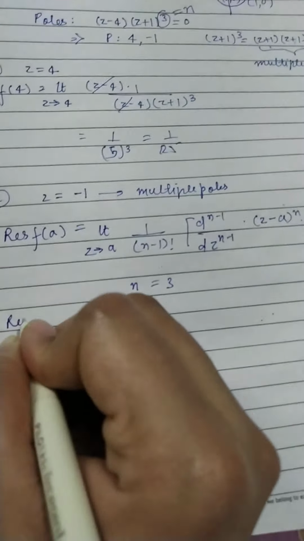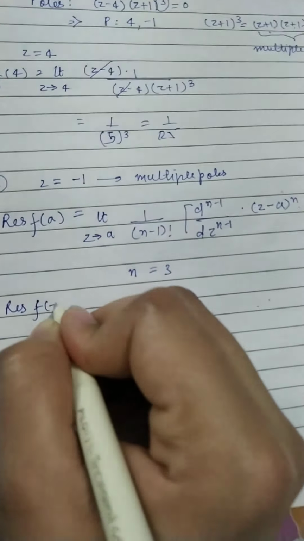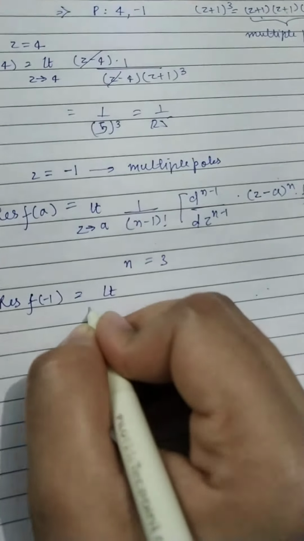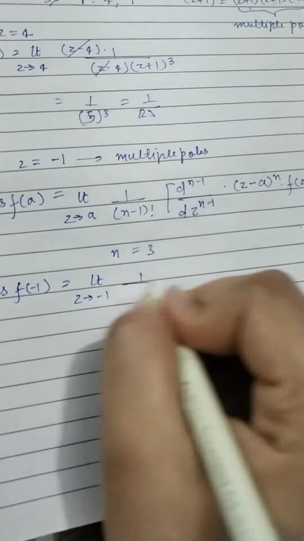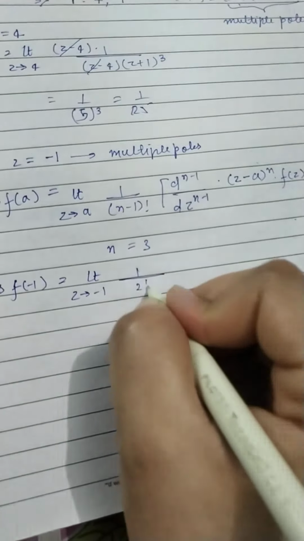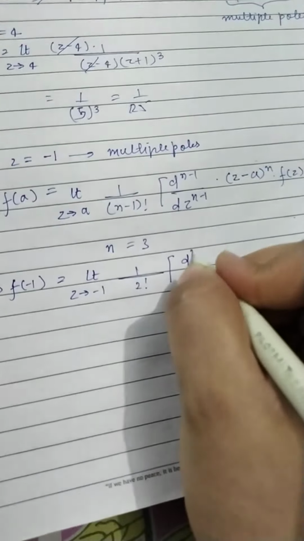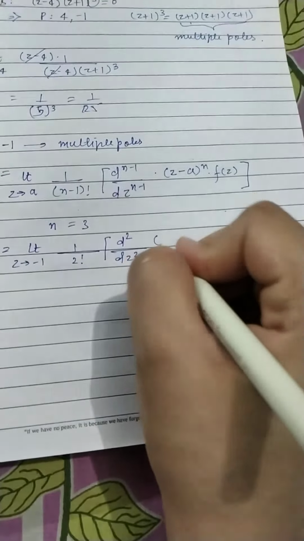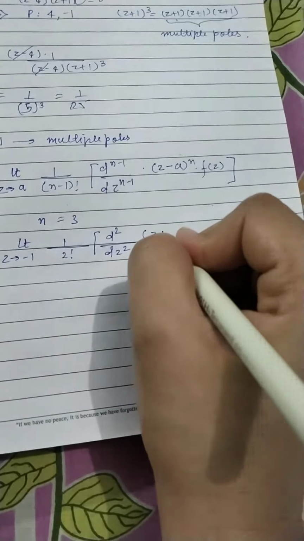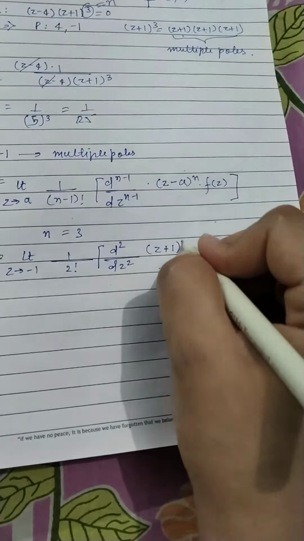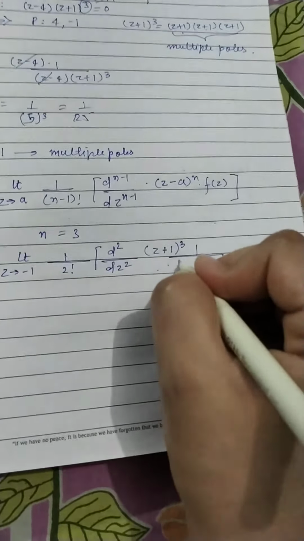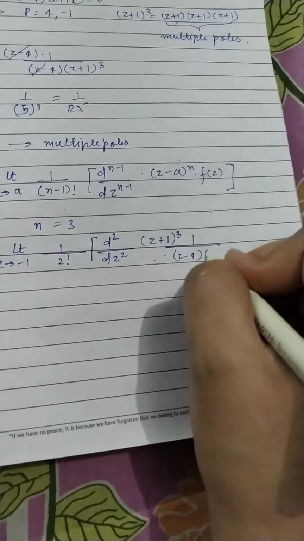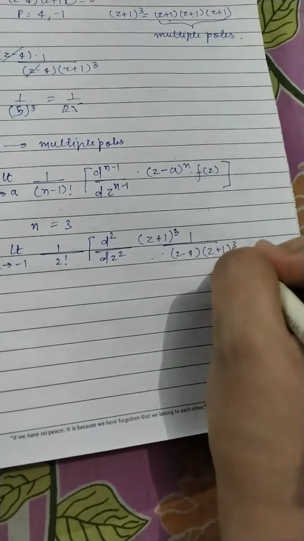So we have residue of f at minus 1 equals the limit as z tends to minus 1 of 1 upon (n minus 1) factorial, and n minus 1 will be 2. So here we have 1 upon 2 factorial, d2 upon dz2 of (z plus 1) whole cube into 1 upon (z minus 4) into (z plus 1) whole cube.